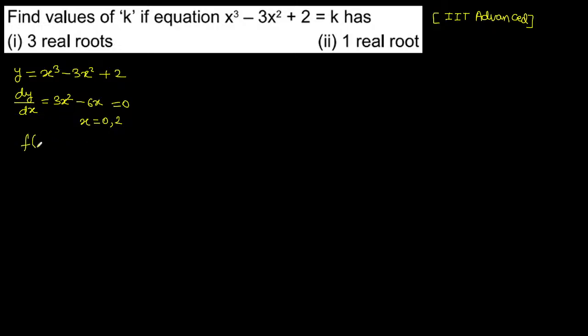So f(0) is 2, f(2) is minus 2. So we have a number line 0 and 2, plus minus plus.